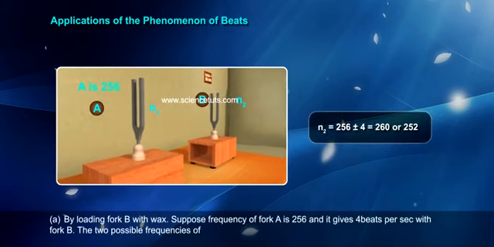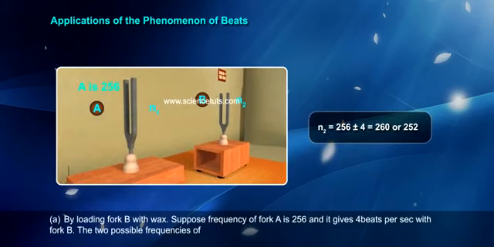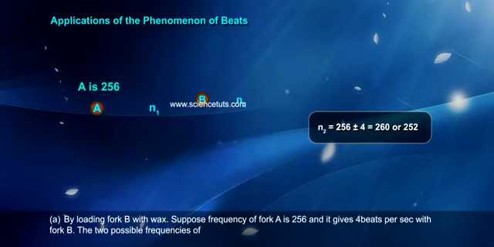A. By loading fork B with wax. Suppose the frequency of fork A is 256 and it gives 4 beats per second with fork B. The two possible frequencies of B are 256 plus or minus 4, equals 260 or 252.